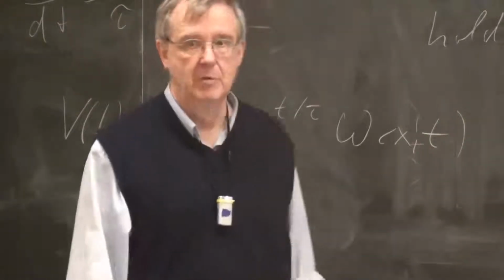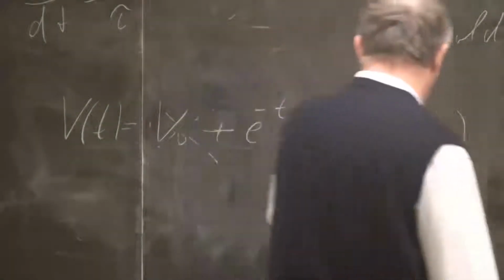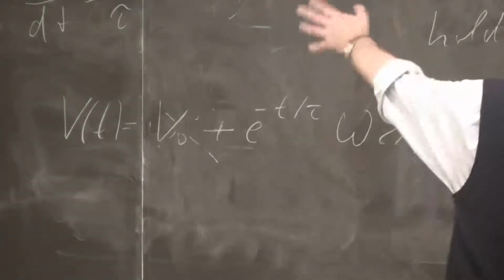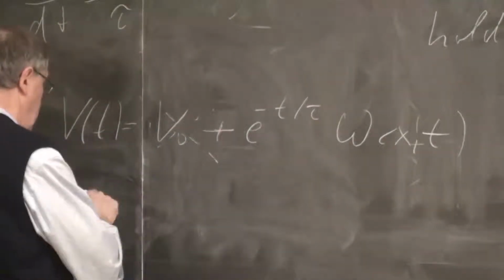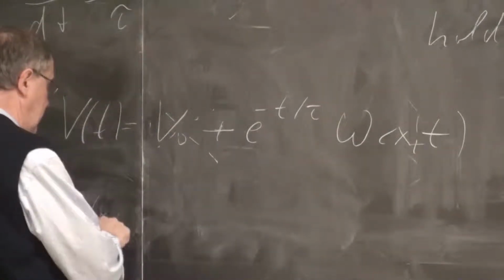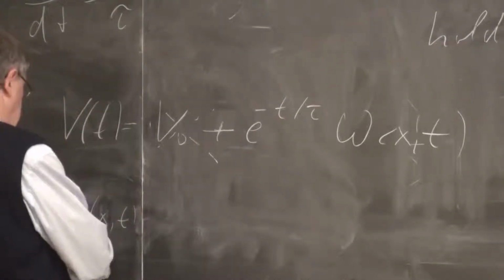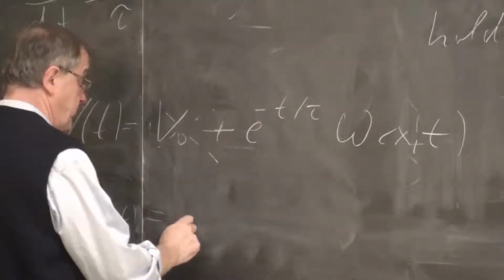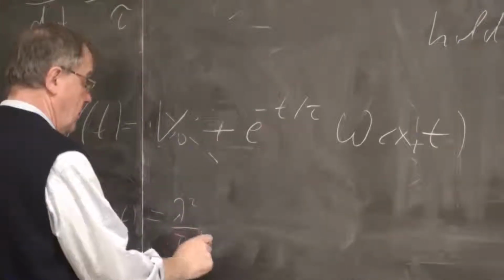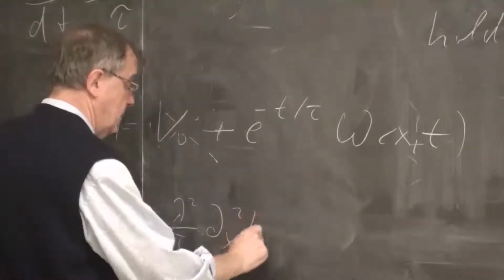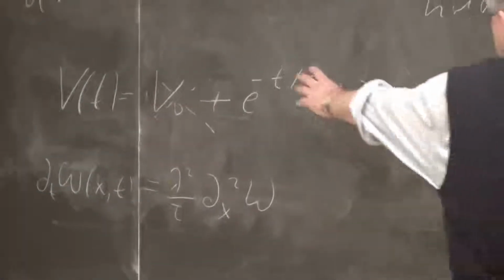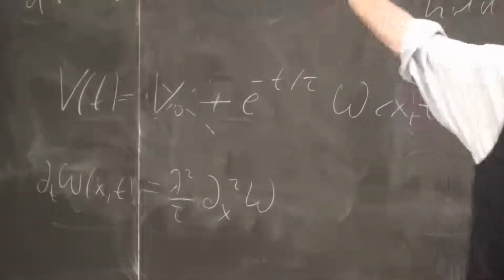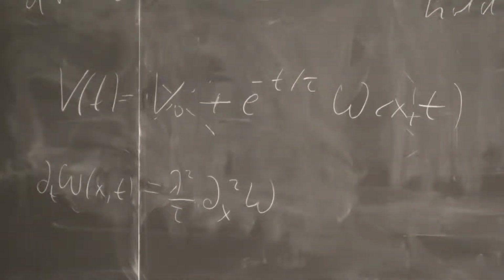If we define this new function w, you can convince yourself very quickly that w of x and t obeys the following equation: dtw is equal to lambda squared over tau times dx squared w. So this factor solves this piece, so this goes out. And you're just getting an equation for w, which is just a diffusion equation.